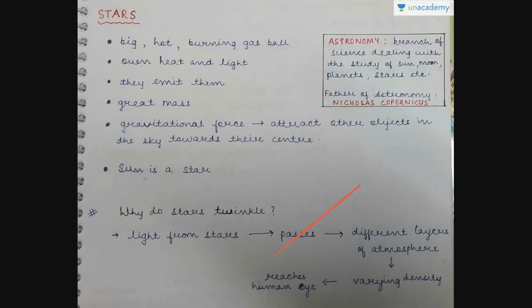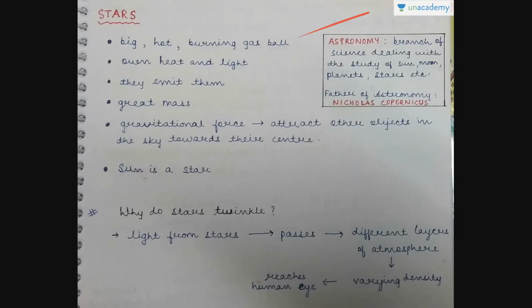Different gases are present in different layers which have different density. If a layer has more density, the light will take more time to pass because it is denser, so it will take time to reach the other level. And if it is less dense, it will take less time. Because of that, the light seems to be fluctuating, and that is twinkling. This is why we see that stars twinkle.